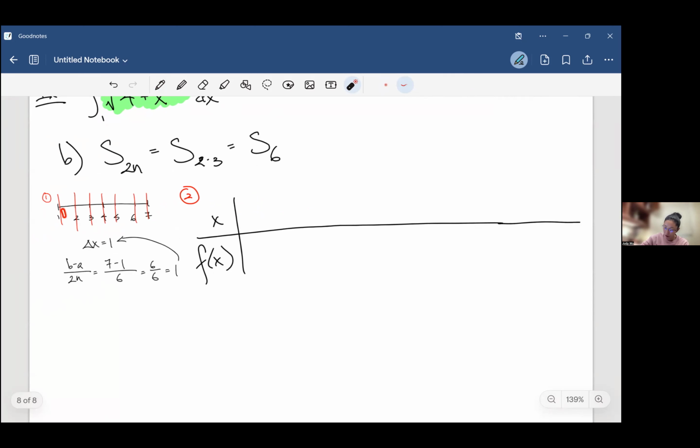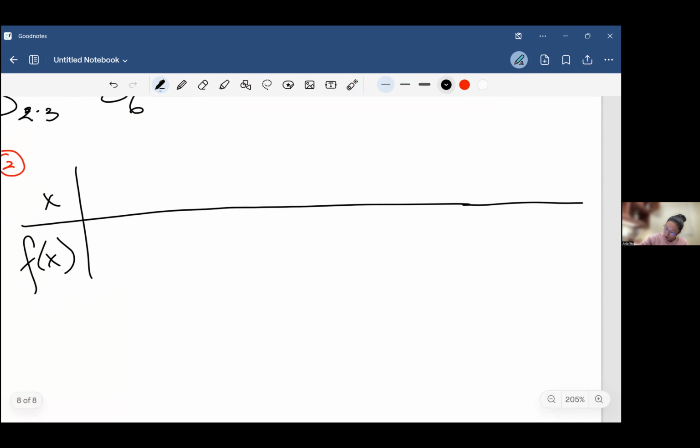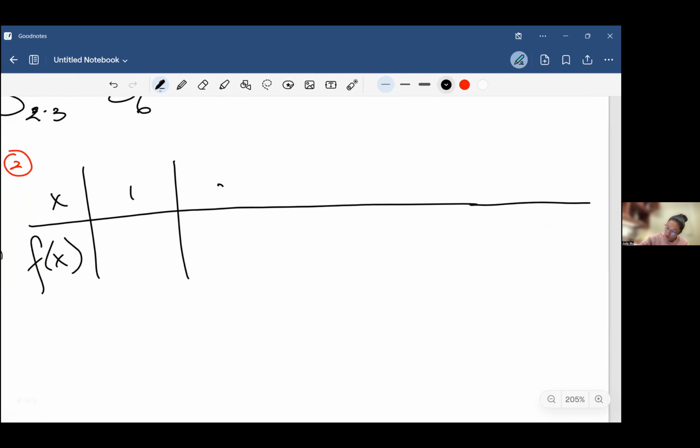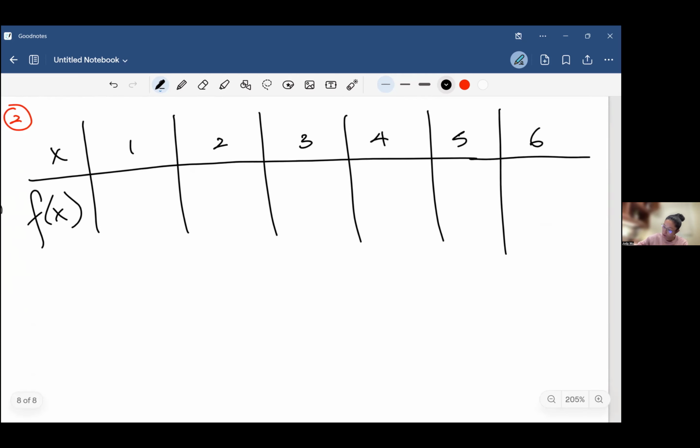So I'm going to use 1, 2, 3, 4, 5, 6, and 7. So my x values are going to be 1, 2, 3, 4, 5, 6. Oh, I didn't plan very well. We'll squeeze 7 down here.